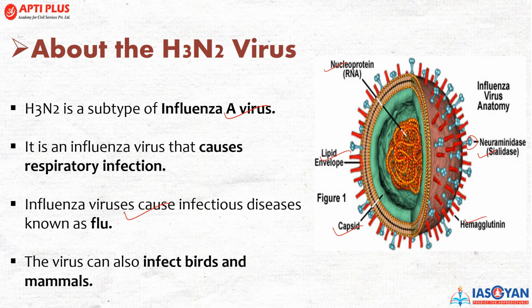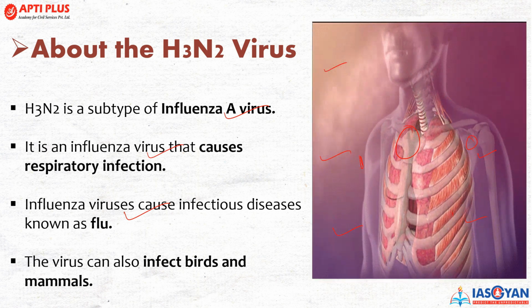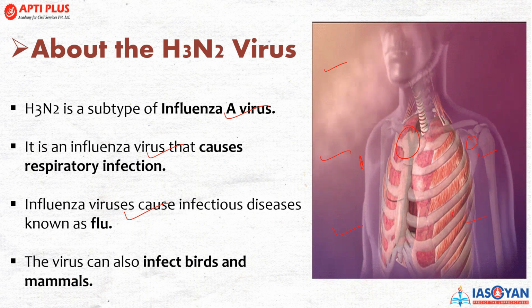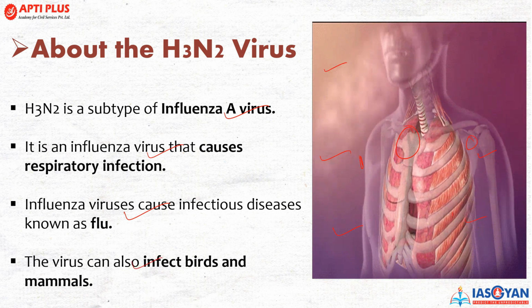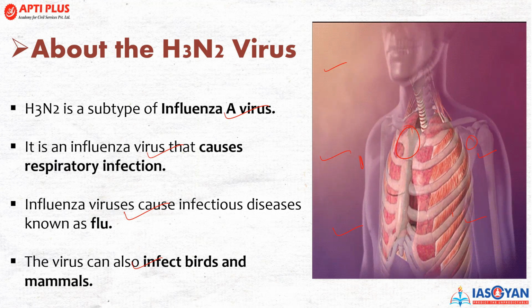It is a virus that causes respiratory infection. So this is predominantly responsible for respiratory infections, and the virus also causes infections in birds and mammals as well. We have seen recently the cases of bird flu and avian flu ongoing across the globe.